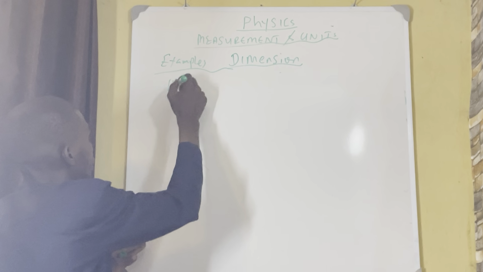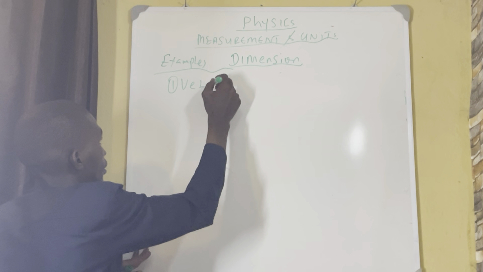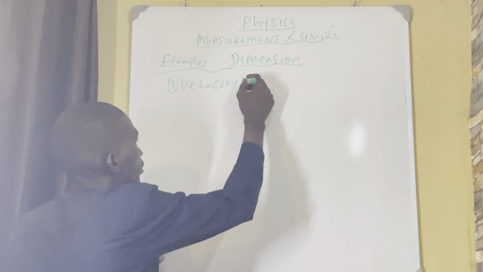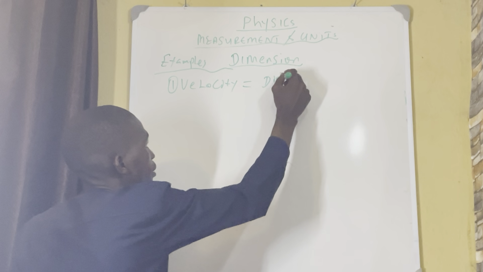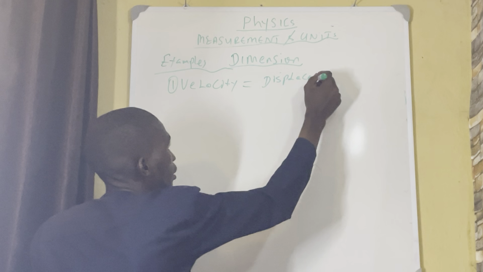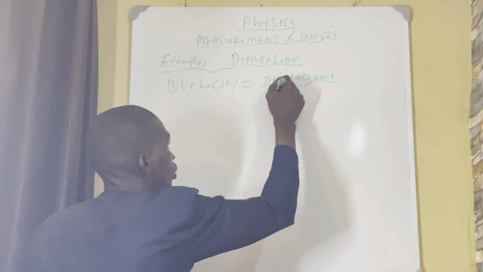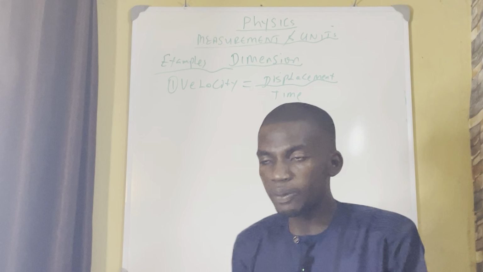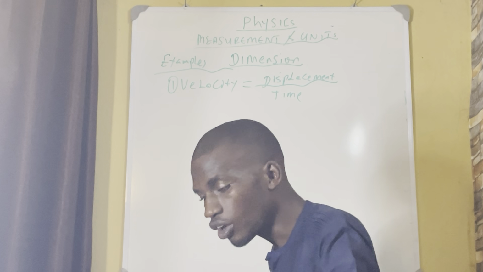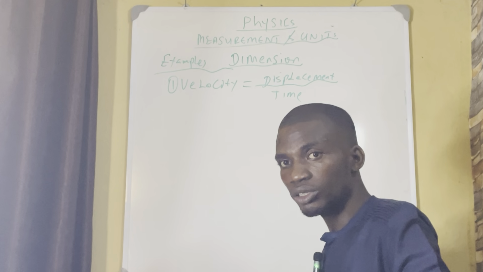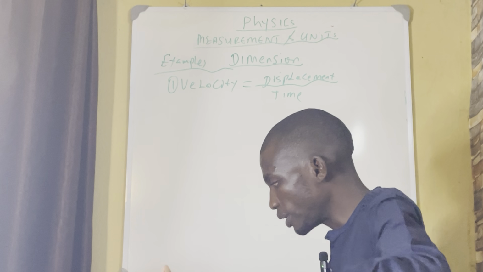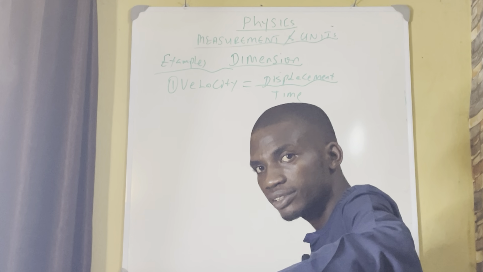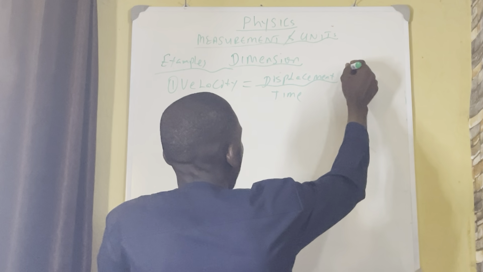We take number 1, velocity. The formula for velocity is what? Displacement all over what? Time. And the displacement is all about the length covered. Do you understand? Displacement is also distance. They are talking about length covered. Even the ladles, they are talking about the length. You understand? So now, this one is all about the length.